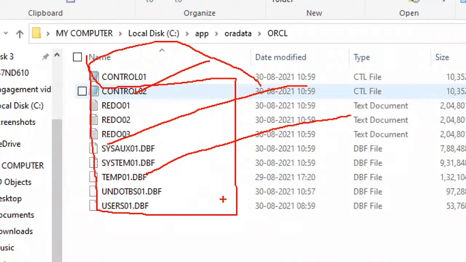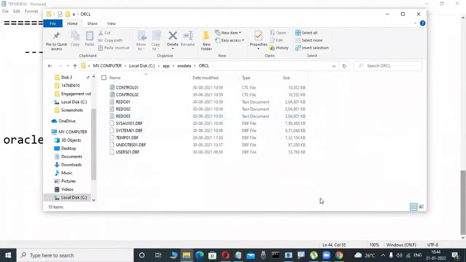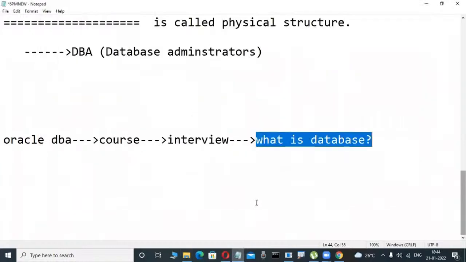Really, data is stored only here. That's why, when asked what is a database, a database administrator gives the physical side, because they are the well-known persons who know what data files, redo log files, and control files are, and the relation between logical and physical. That is the correct answer from a database administrator's point of view.